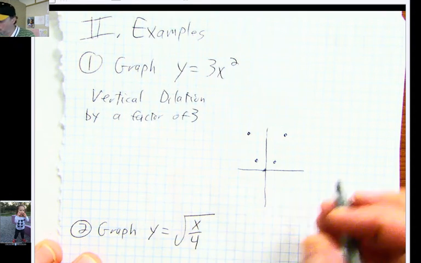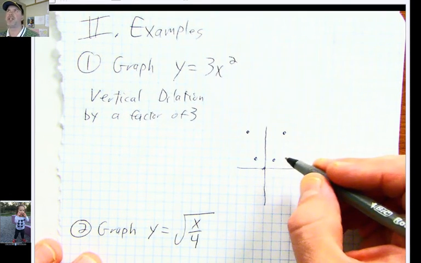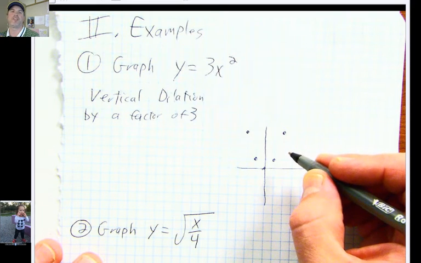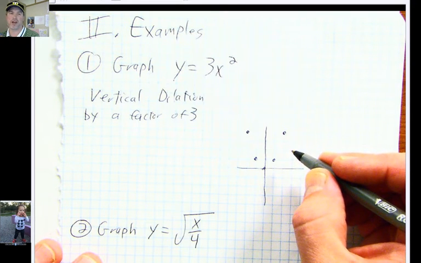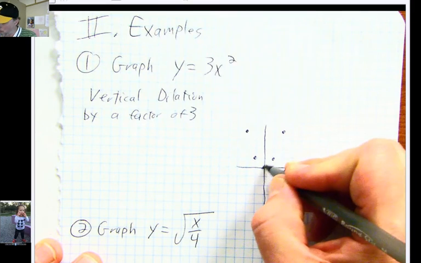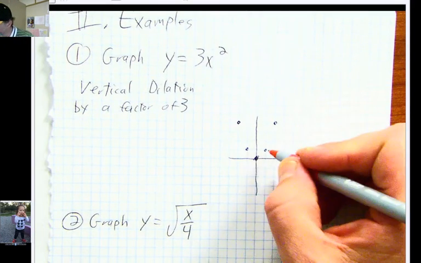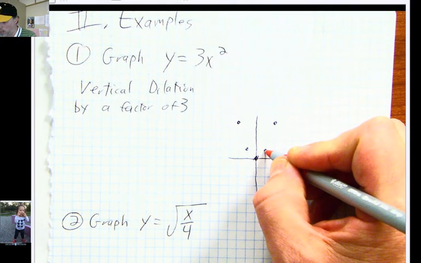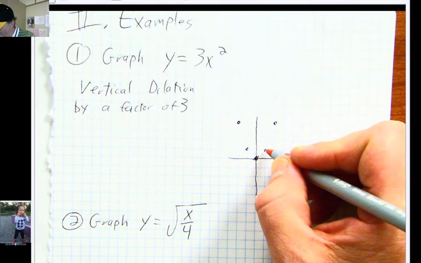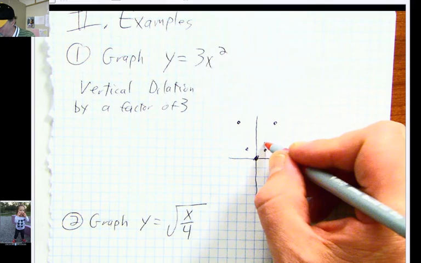Oh man, this gets confusing. I urge you, please don't be team graph paper. Be team non-graph paper. But, alright, if I'm going to multiply these by 3, and I guess I need to use a separate color, this currently has a y value of 1, but if I multiplied it by 3, that would be 3, so it would move up to here.